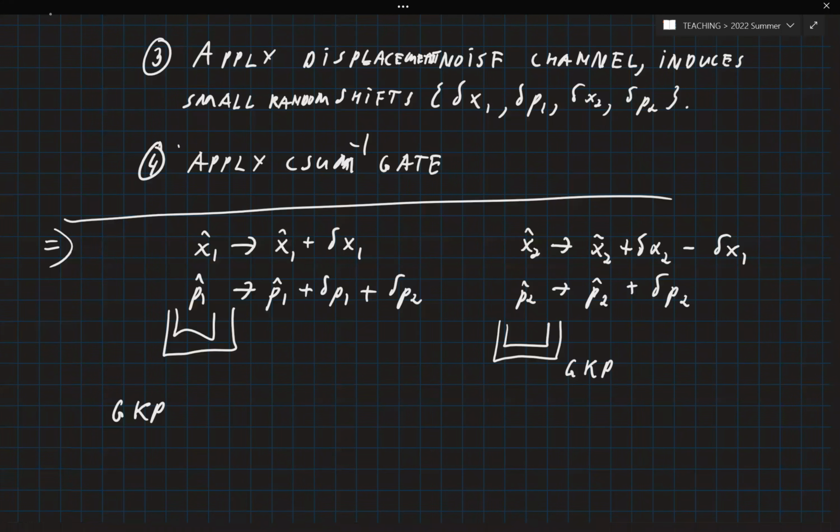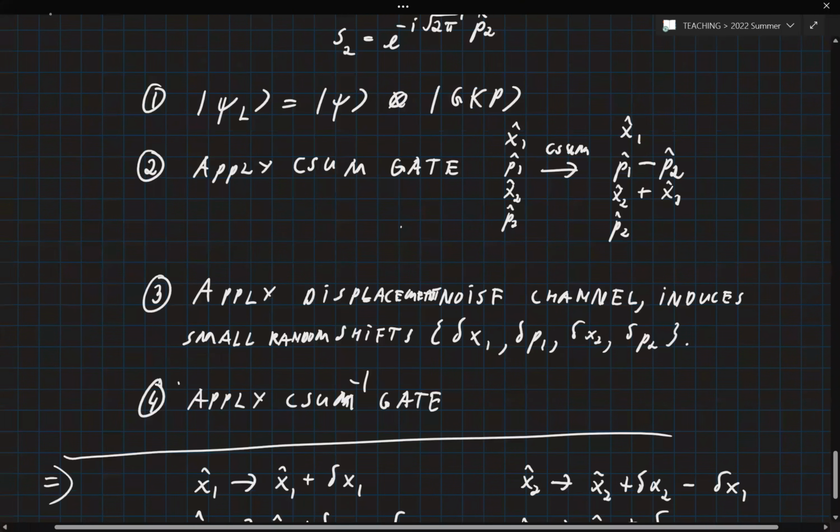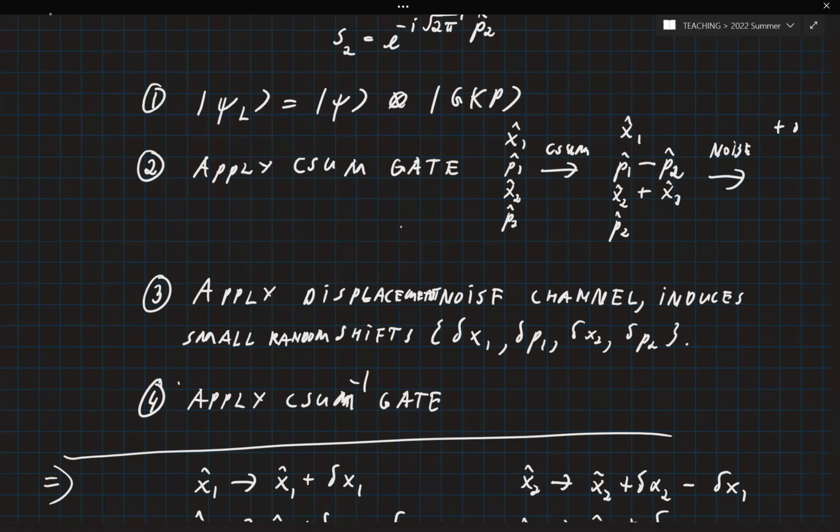Then when you see something else, then minus delta P2 plus delta P2. So the noise adds a delta in each one. Yeah, it just goes x1 plus delta x1, p1 minus p2. Wait, sorry.